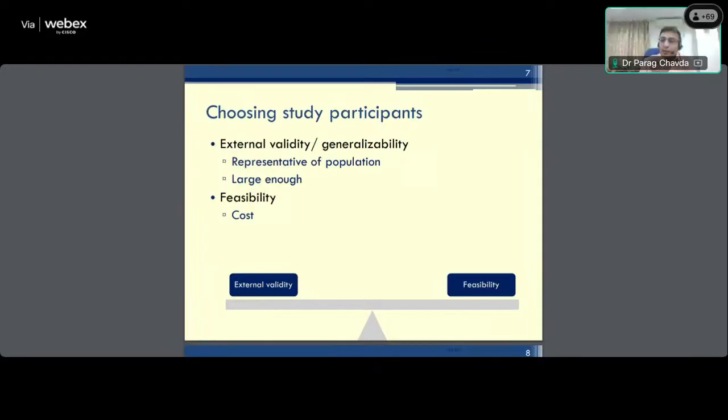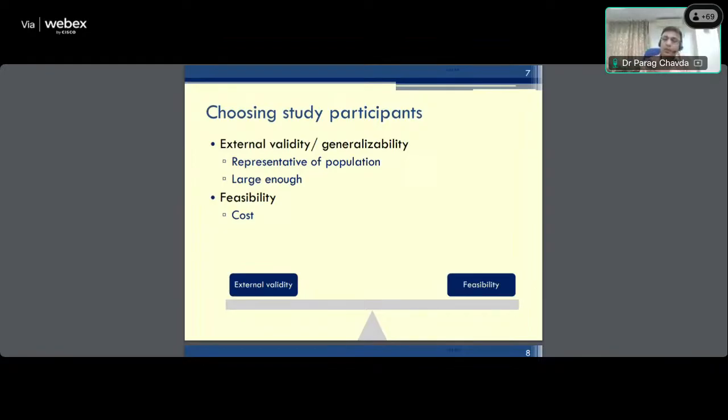And another important aspect, many MCQs come from this: when you sit down to decide sample size or sampling, a very important criterion to keep in mind is feasibility and cost. Right. So when you run through the statistical software and sample size estimation software, they might give you any number, but say for example if they give you numbers such as 15,000 or 1,000 or 1,500, it might not be feasible for you to study that many people, so you'll come down to something lower.